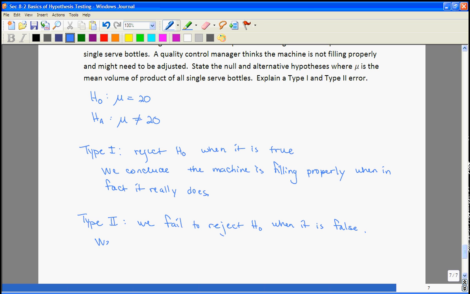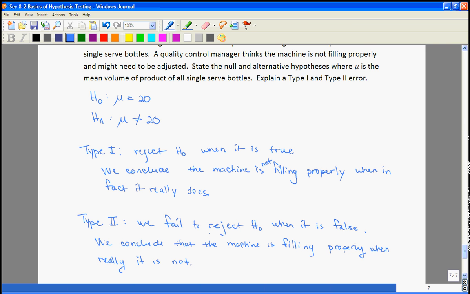So here what's happening is we conclude that the machine is filling properly when really it is not.